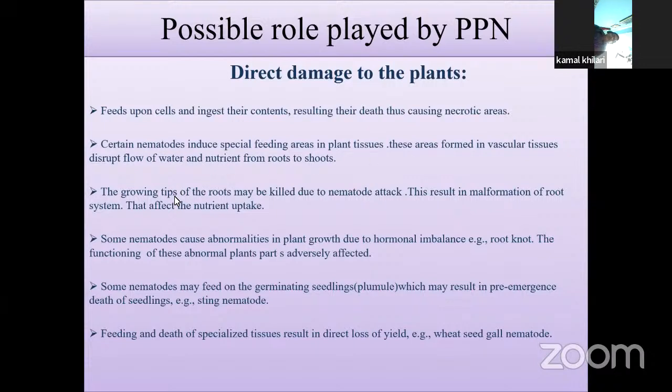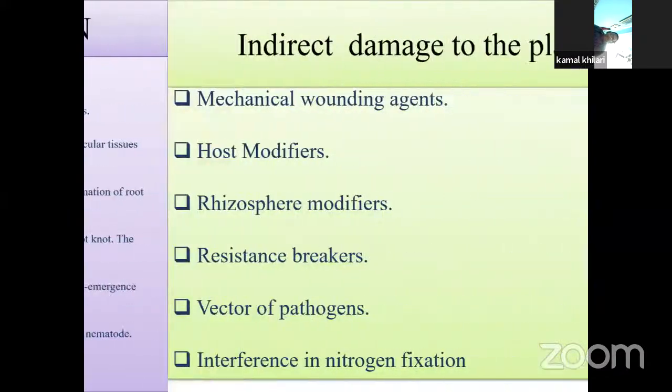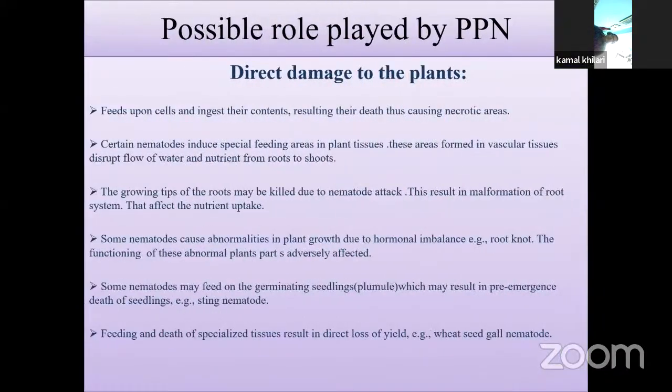And then the growing tip: some of the nematodes directly feed on the growing region of the root. If there is a loss or damage to the growing portion of the root, naturally there will be formation of secondary roots, and if there is damage to the growing portion of the secondary root, then there is formation of tertiary roots.